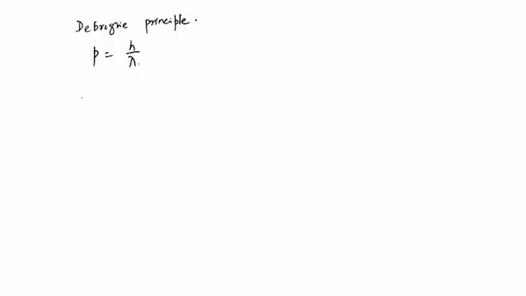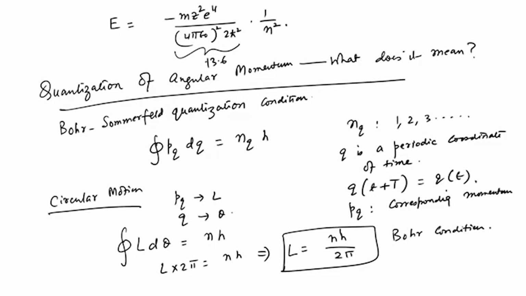So, if you write this, mvr, which is the angular momentum, is nothing but pr, and this is equal to nh over 2 pi. As we said, h and h cross are the same. Initially Bohr's postulate was simply nh, but here we have nh over 2 pi.